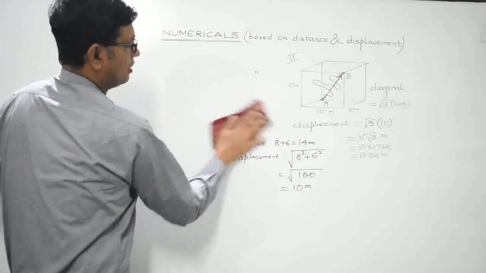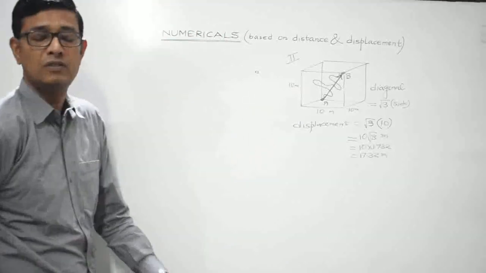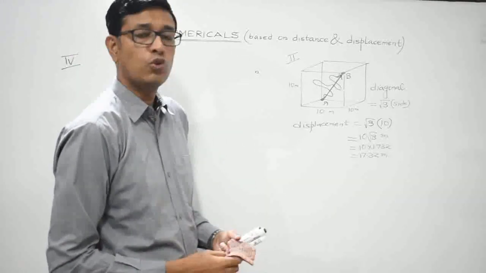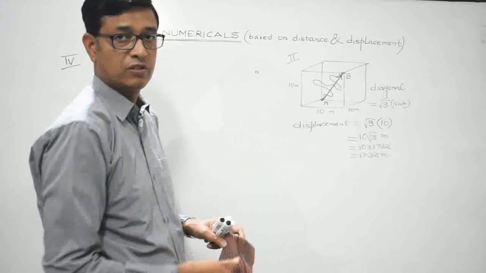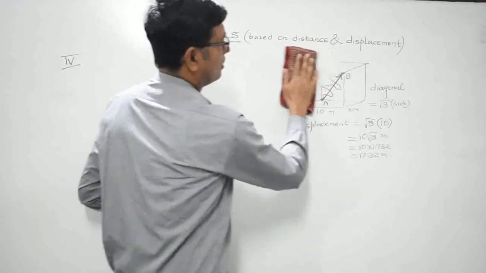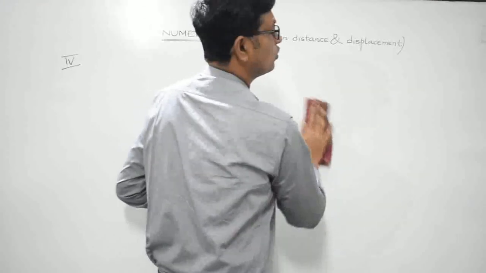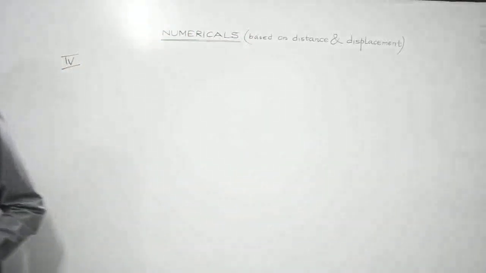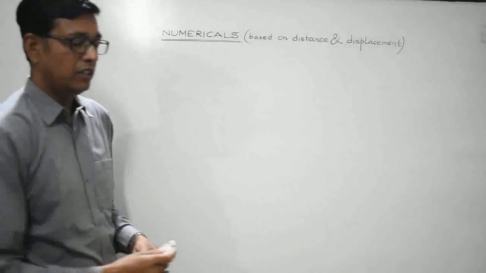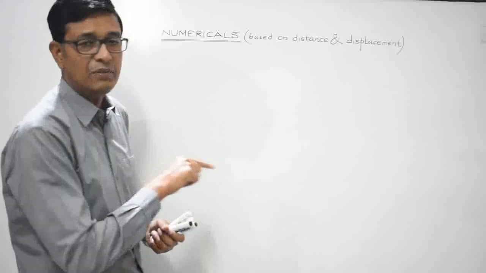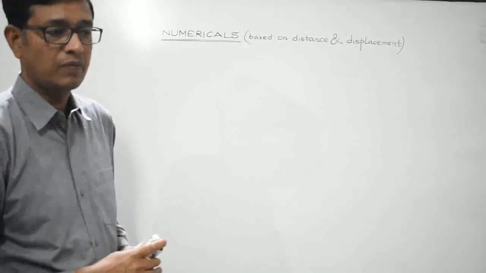Suppose a person starts from the origin and he moves 20 meters towards north. He then turns towards his right and moves 10 meters towards east.